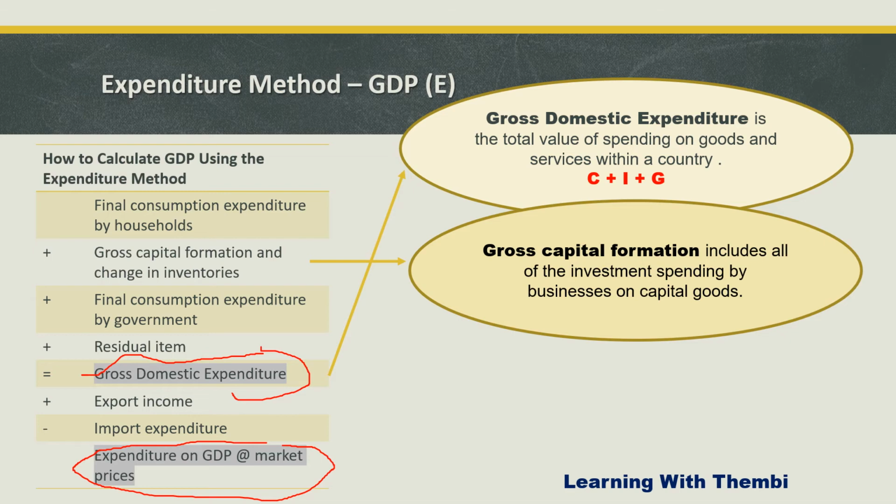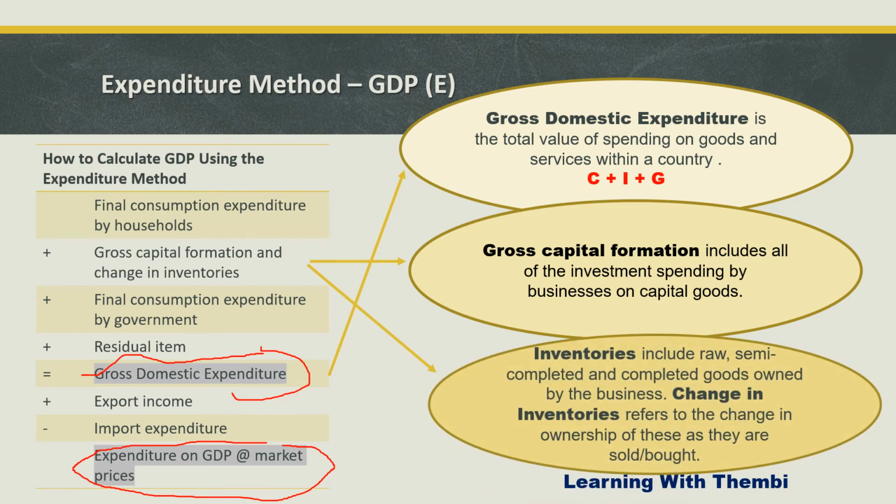Maybe I should explain what inventories are before we talk about the change in inventories. By inventories, we are referring to either raw, semi-completed or completed goods owned by the business. So when there's a change in inventory, there is a change in ownership of these raw, semi-completed or completed goods. Either they could be bought or sold.